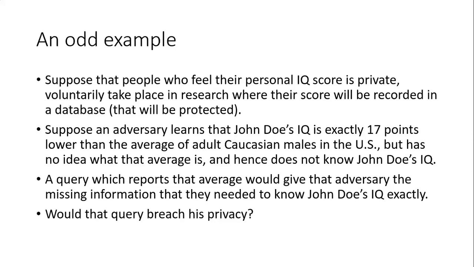But they have no idea what that average is, and therefore don't know John Doe's IQ. Well, a query which reports that average would give the adversary exactly the missing information they would need in order to learn John Doe's IQ exactly, right? So here you have a somewhat contrived example, but one where a certain piece of auxiliary information matched up with a query that I think most of us would consider not a breach of privacy. Those two things together allow the adversary to learn this information.